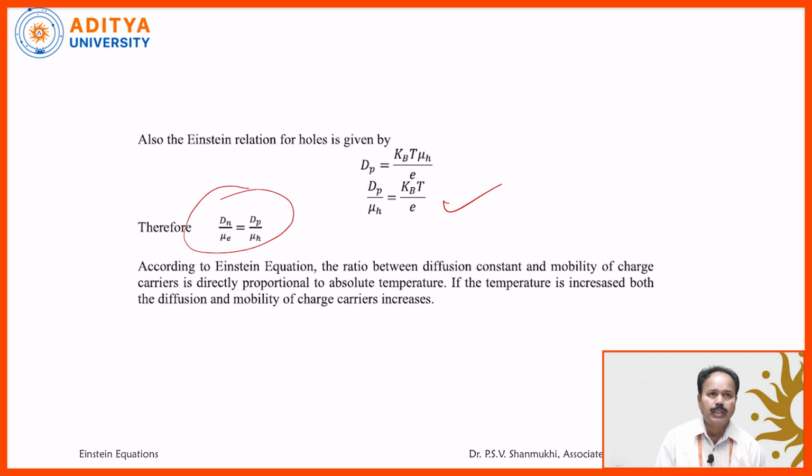Dn by mu E is equal to Dp by mu h. This is known as the Einstein equation, giving the relationship between the diffusion coefficients of electrons and holes. Dn and Dp are the diffusion coefficients of electrons and holes, and mu E and mu h are the mobilities of electrons and holes.